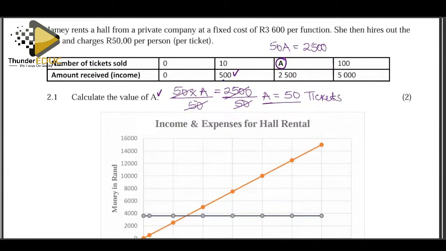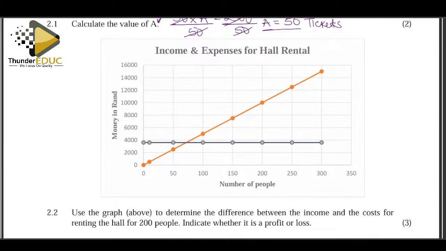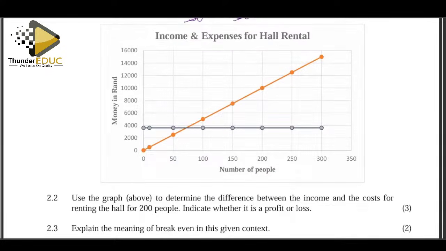All right. We continue with the question. Here we have a graph, and they're asking us, use the graph to determine the difference. Take note of that. Difference. This is the moment you hear this, you just note you're going to subtract.